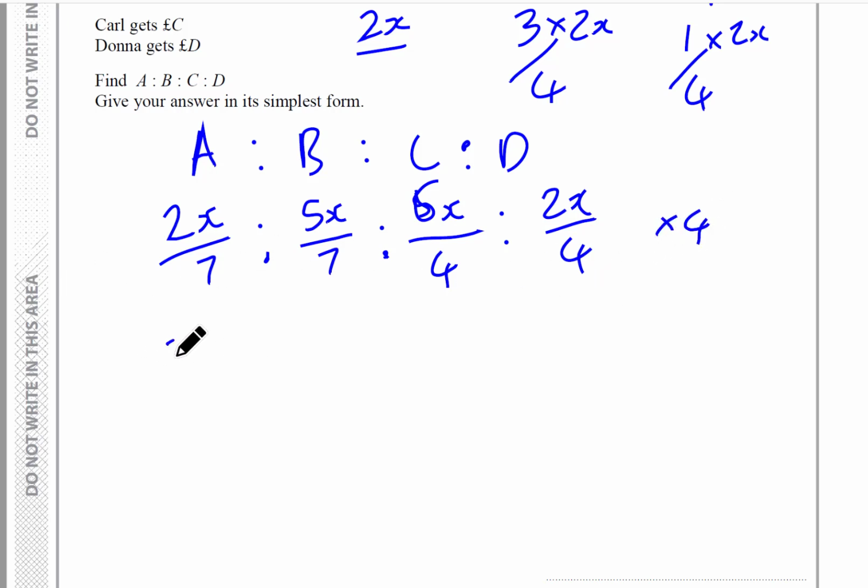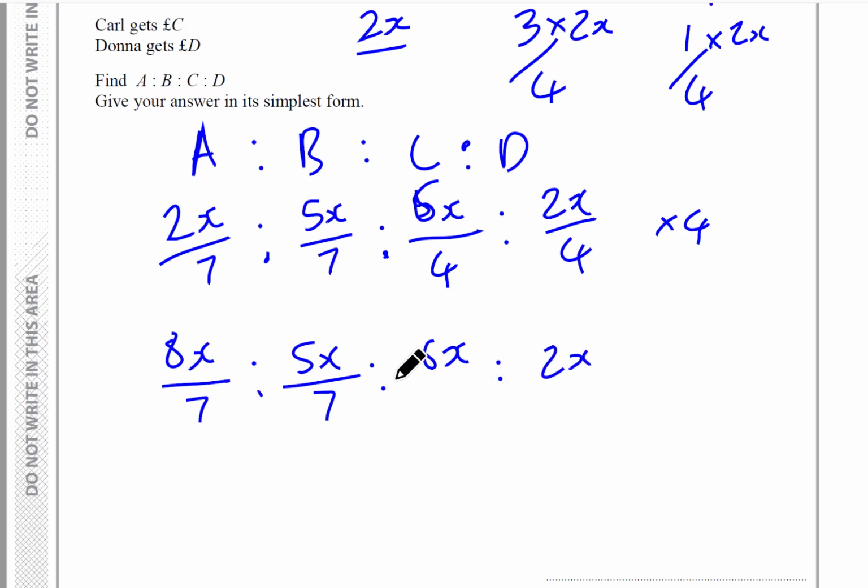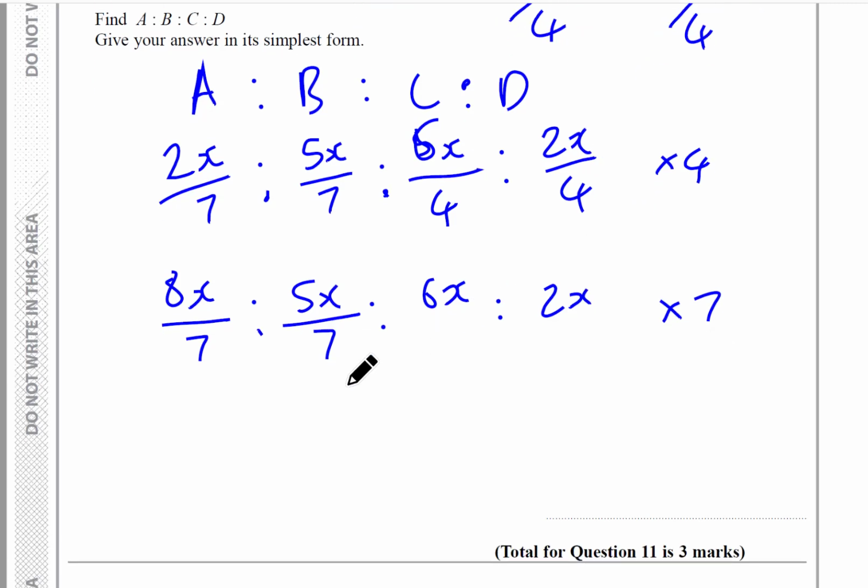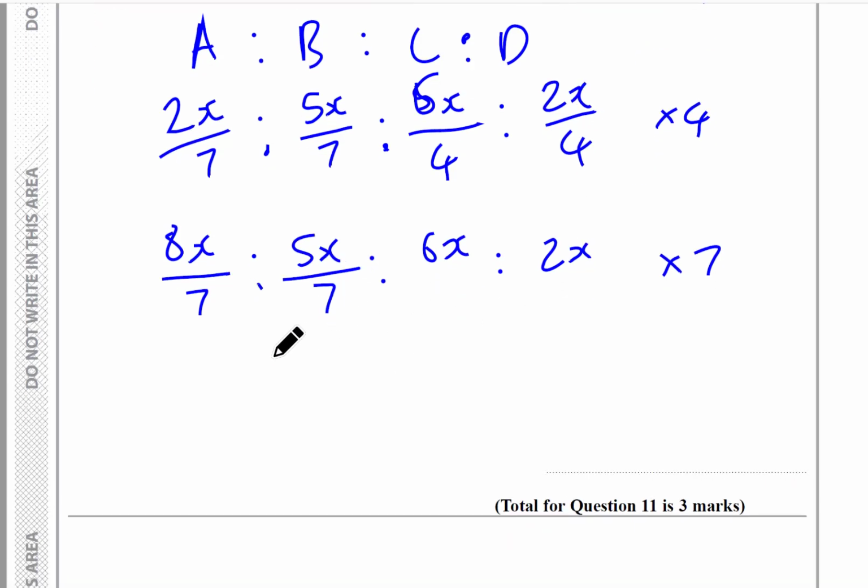So we're going to get 8x over 7 to 5x over 7 to 6x to 2x. Now let's get rid of the 7, so let's multiply everything by 7 as well.